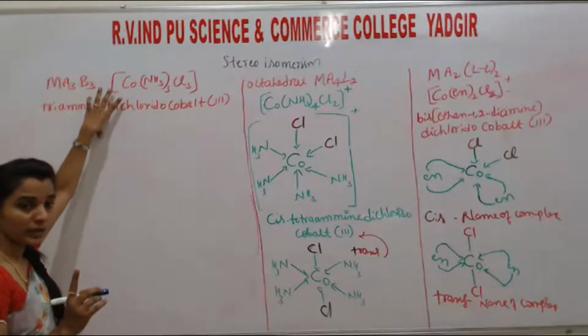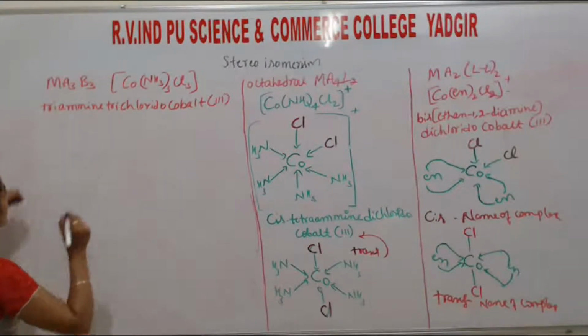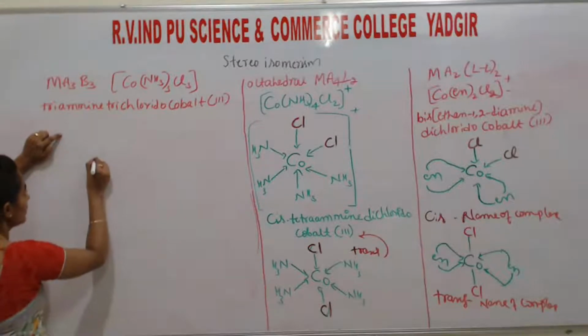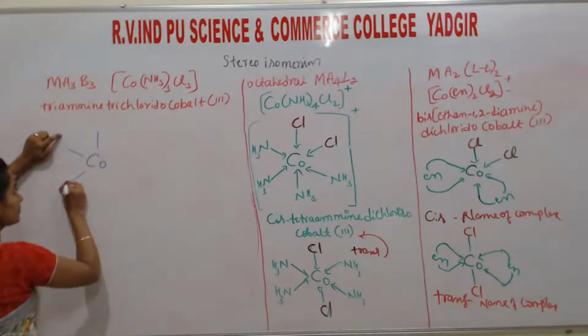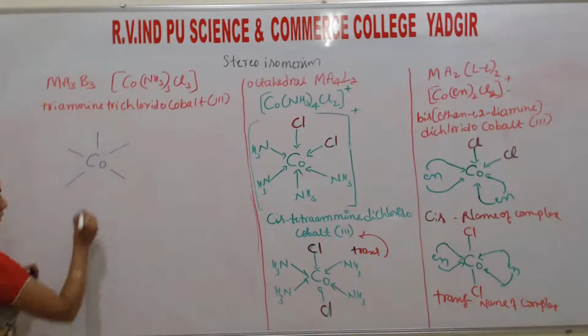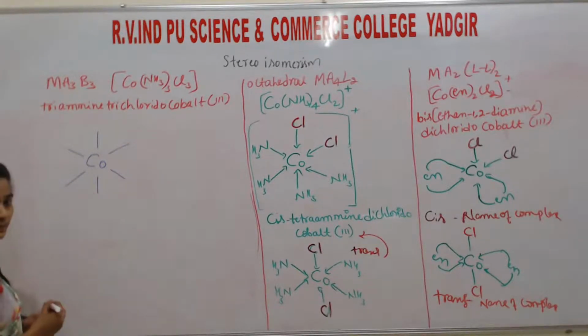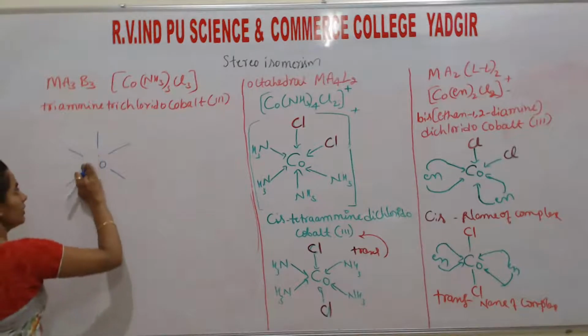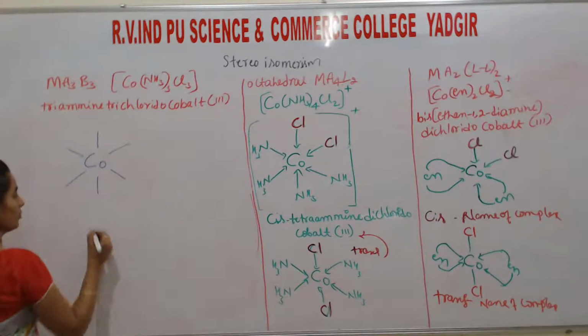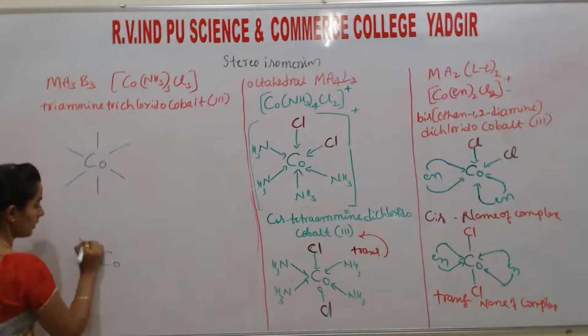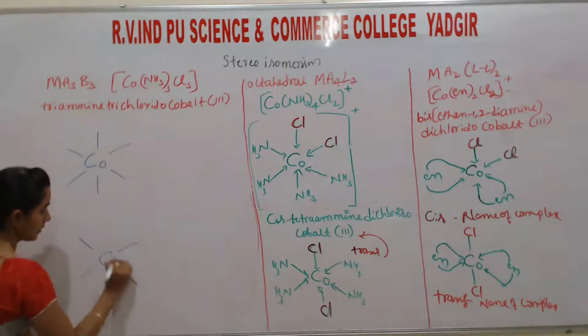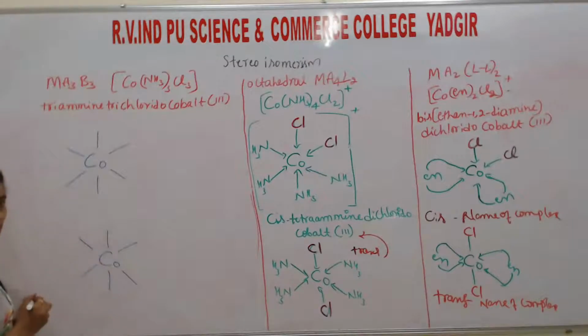Facial and meridional. Remember. So here I write this is cobalt with 6 bonds. So what makes them meridional and facial? And right here, this is cobalt with 6 bonds.